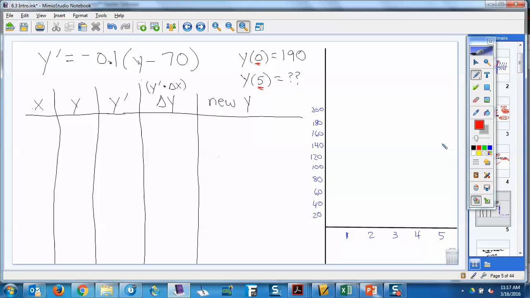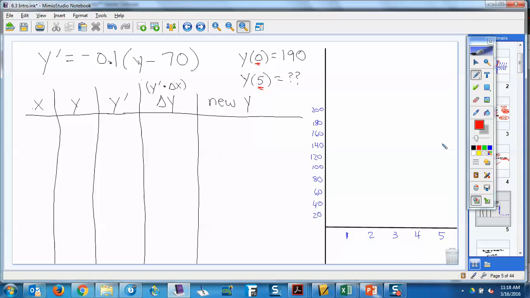Let me see if this is one of them. No, this isn't. We won't go through this right now, but in your book they have this example. It was our Newton's Law of Cooling example. We take a hot cup of coffee, it's 190 degrees.